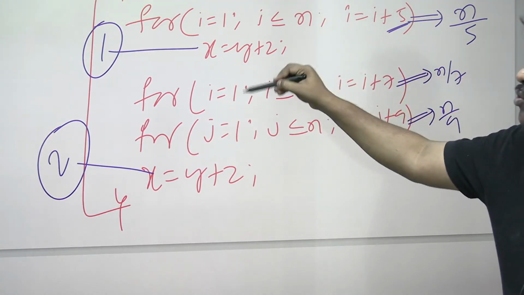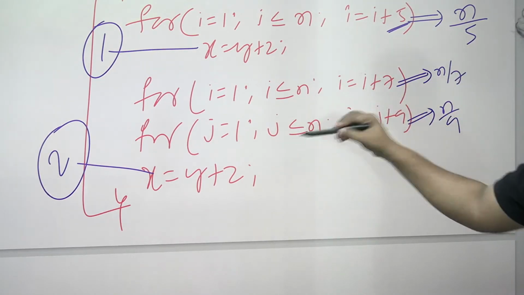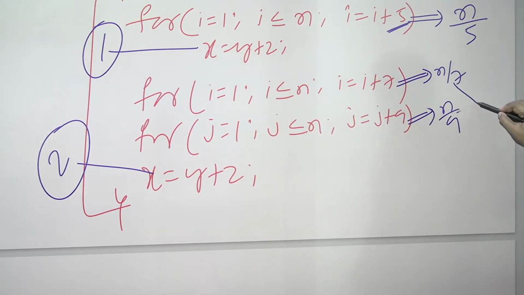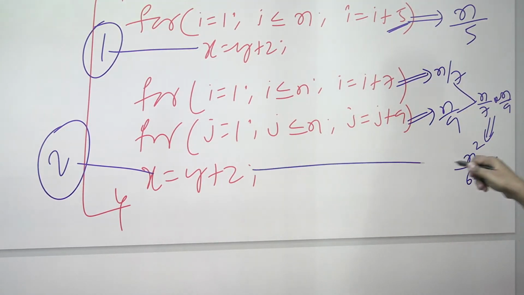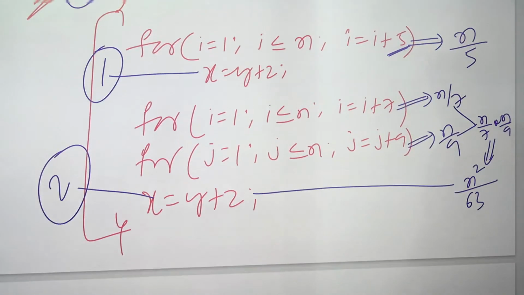The i loop is n by 7, the j loop is n by 9. Combined, n by 7 into n by 9, because of inner loops. Inner loops means you have to multiply, so it is n square by 63. So the second statement will execute n square by 63 times. The first loop will execute n by 5.